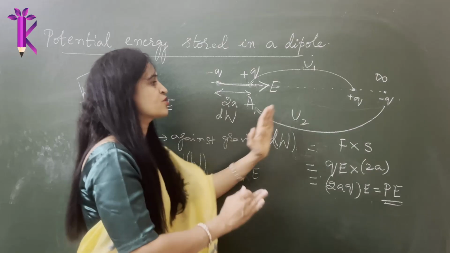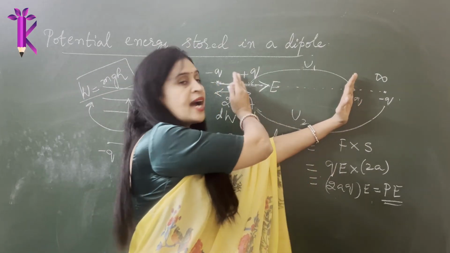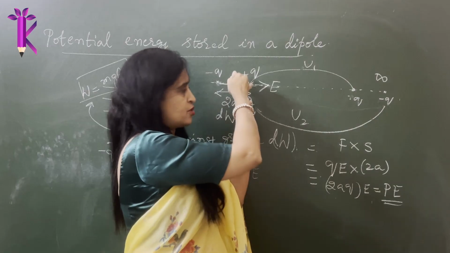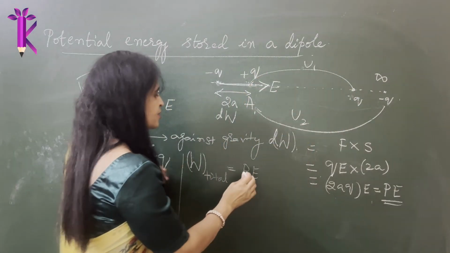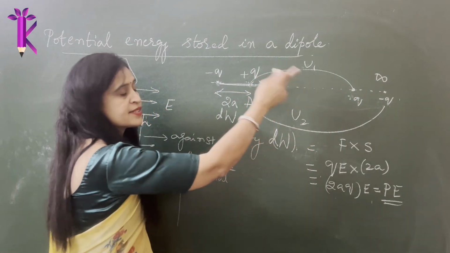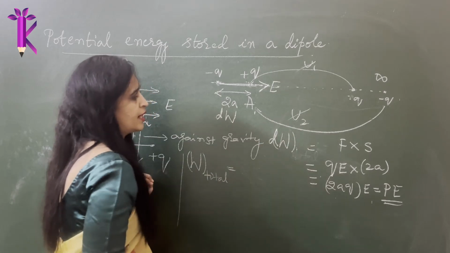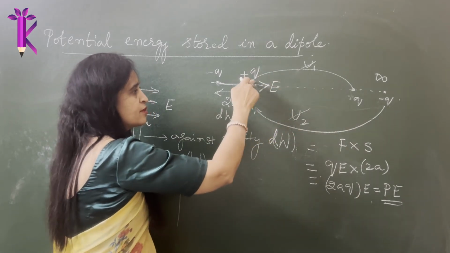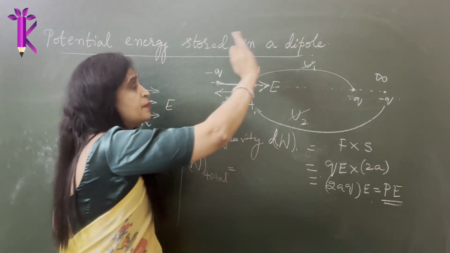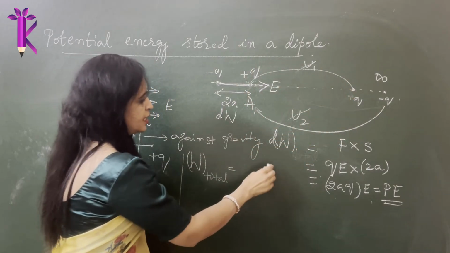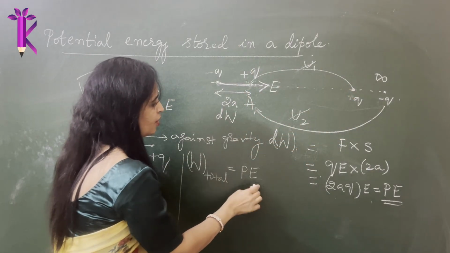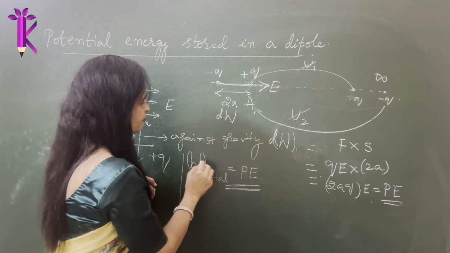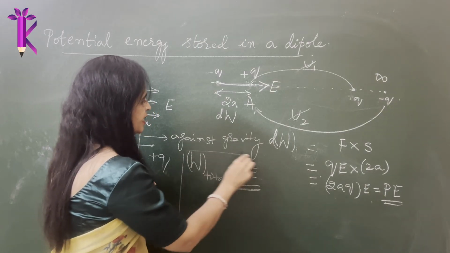You are literally stopping minus q from coming along with plus q, because it is attracted to plus q, it wanted to sit with plus q. So you are stopping it. Therefore those two works cancel each other, they are equal and opposite. One came opposite, automatically you had to do some work. For another, you had to stop it from coming closer to q. So therefore the total work done is your PE, right? So this is the amount of work done.